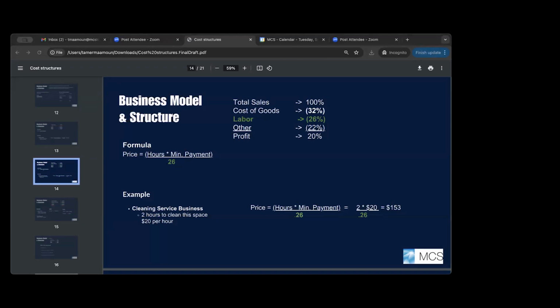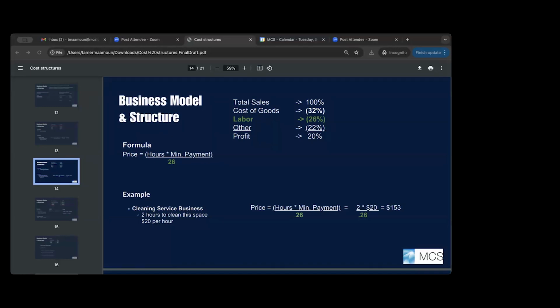So in a product-based business, you purchase more inventory, and in a service-based business, it takes more time and more labor versus inventory. Now you also have to consider the amount of hours it's going to take you to deliver that project, and you multiply that times the minimum payment that you're looking to charge, to pay yourself.